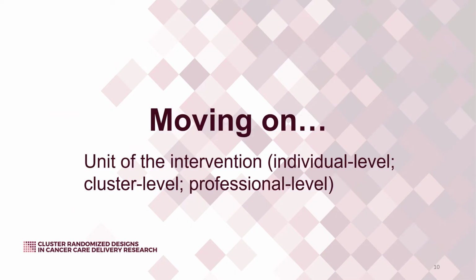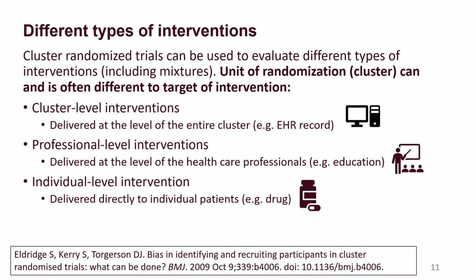So let's move on a little bit and think about the unit of the intervention. I'm going to think about dividing up interventions to being delivered at the individual level, the cluster level, and the professional level. So cluster randomized trials can be used to evaluate different types of interventions. The unit of randomization, which is what we call the cluster, is often different to the target of the intervention. So for example, a cluster level intervention is an intervention that is delivered at the level of the entire cluster.